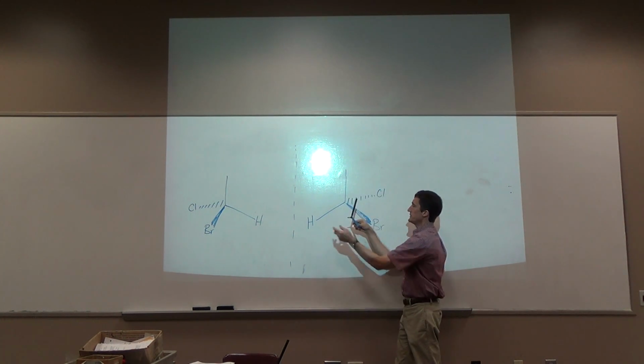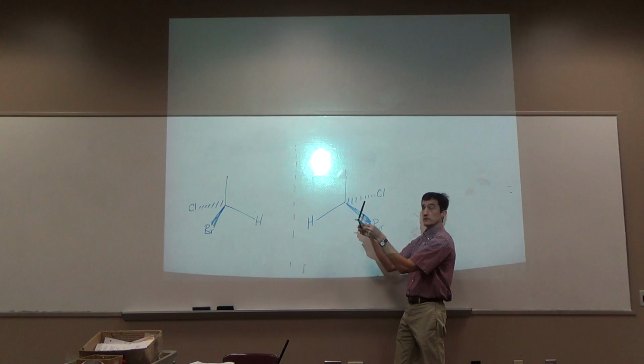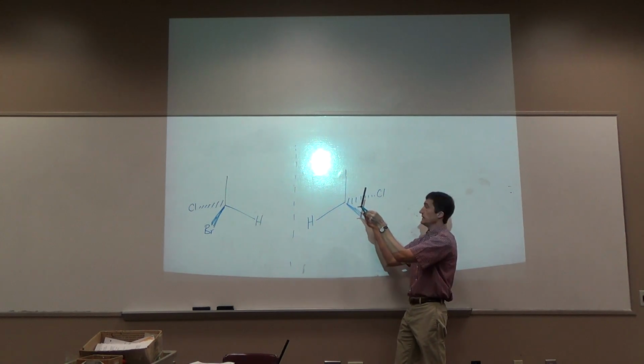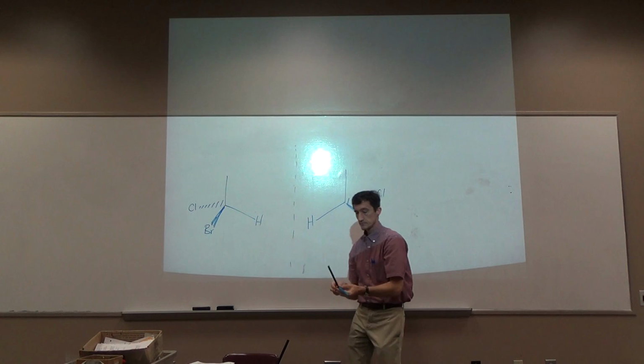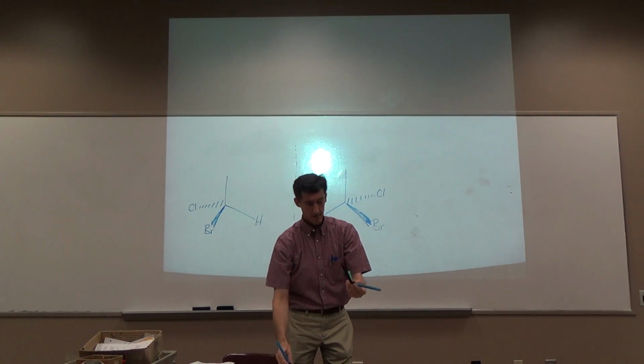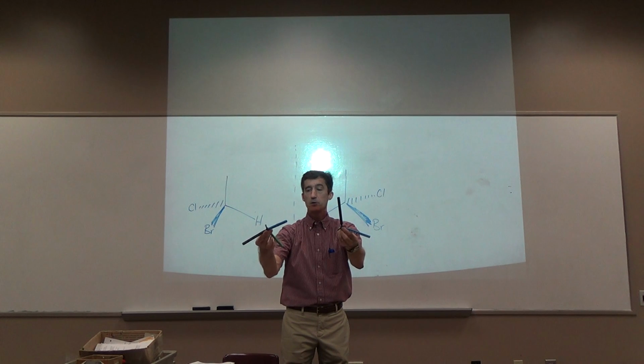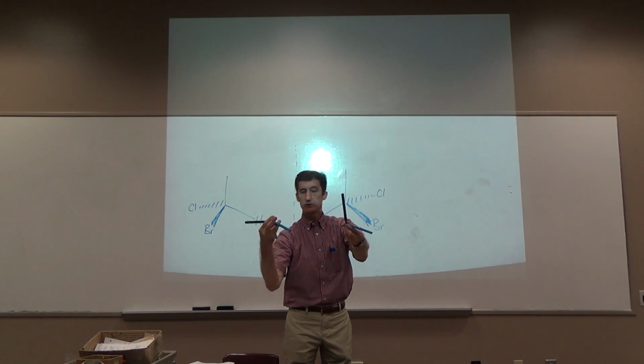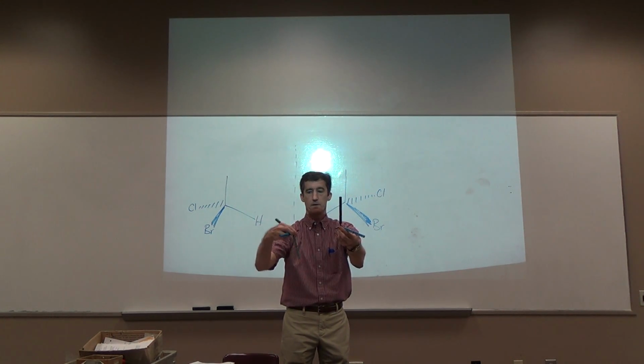Carbon up, H, bromine blue coming forward, chlorine green going back. That's supposed to be that one. So here are the two on the board. Can we show them mirroring in my hand? Well, let's turn this up. How about that?